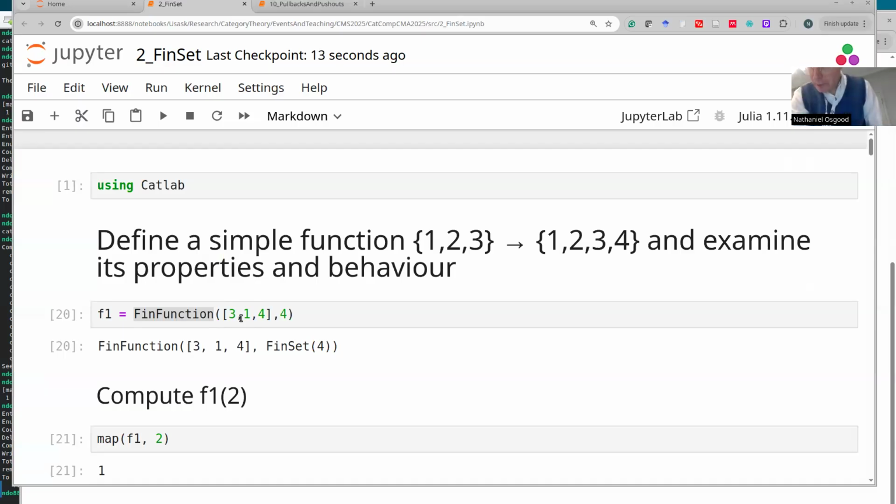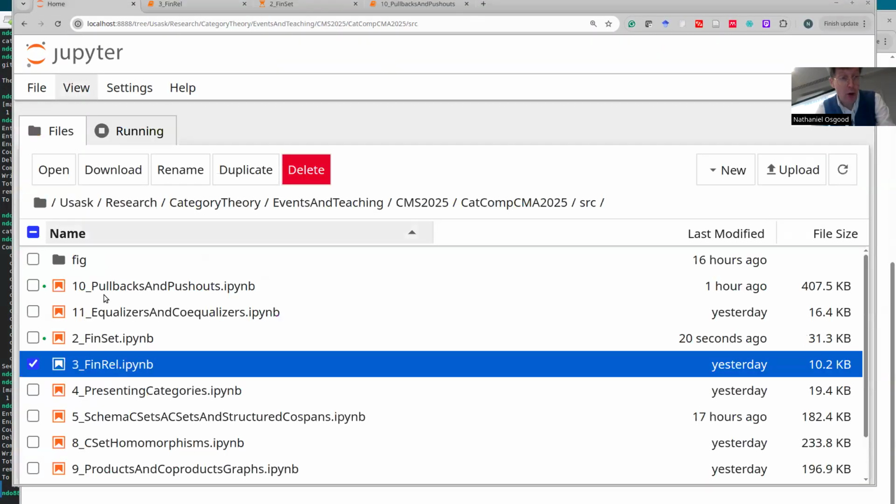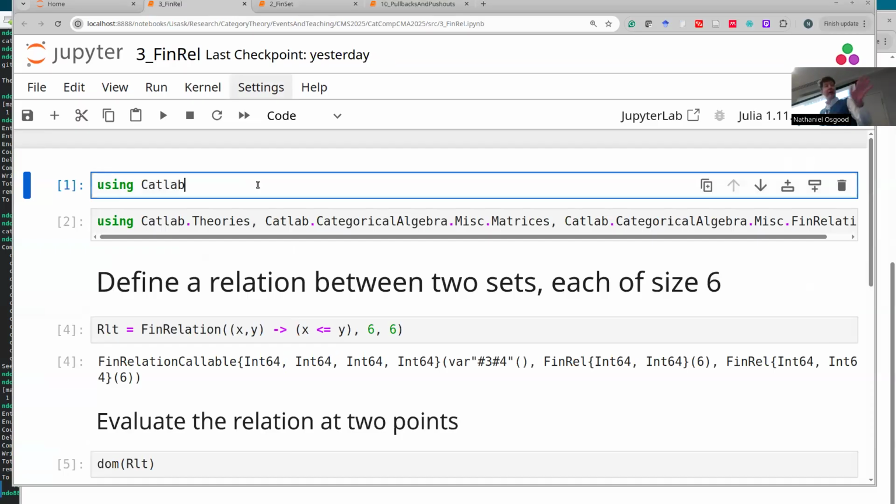Okay, time moves on. So what I'm going to do now is open what's called FinRel. With an eye towards time, to get us to the most valuable components, I'm actually going to go light on this one. I will simply make gestures at it.